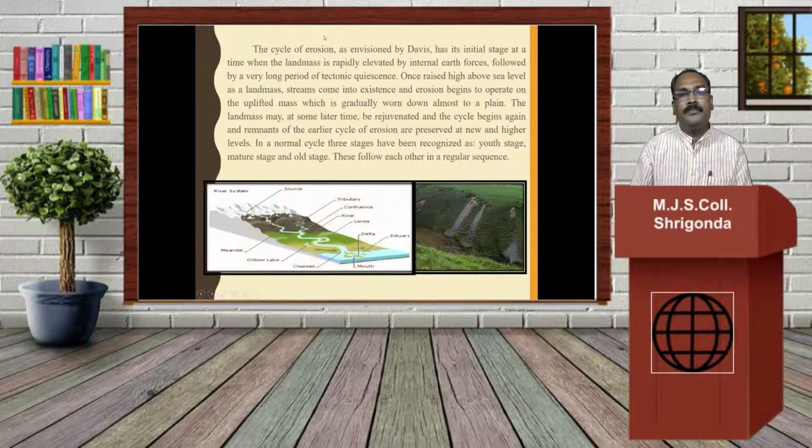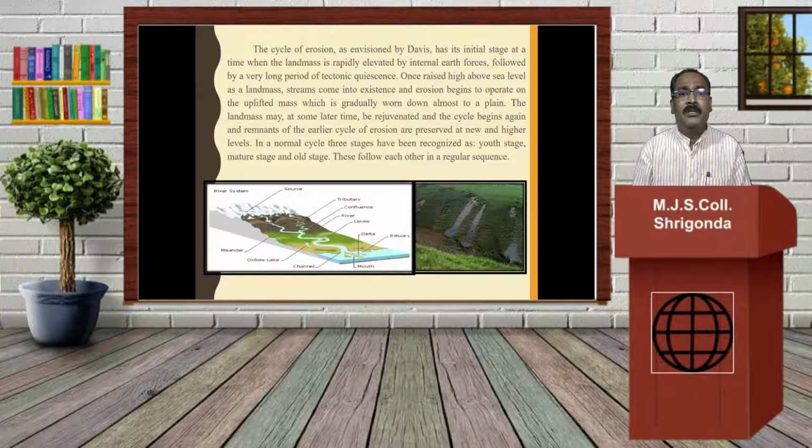Now, the cycle of erosion is envisioned by Davis as having initial stages at the time when the landmass is rapidly elevated by internal earth forces, followed by a very long period of tectonic stability. Once raised high above sea level as a landmass, streams come into existence and erosion begins to operate on the uplifted mass, which is gradually worn down almost to a plain.